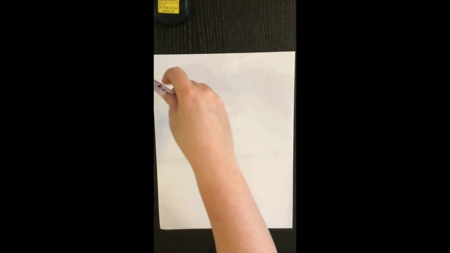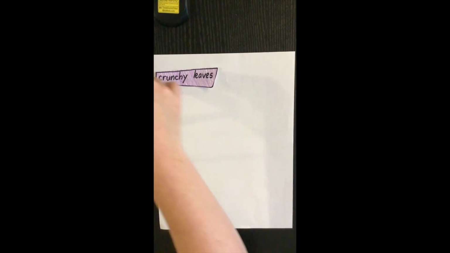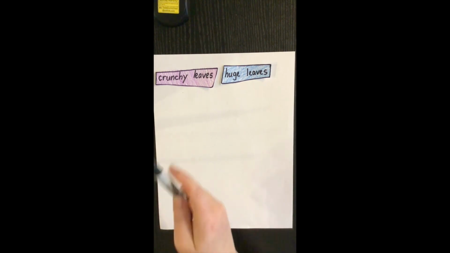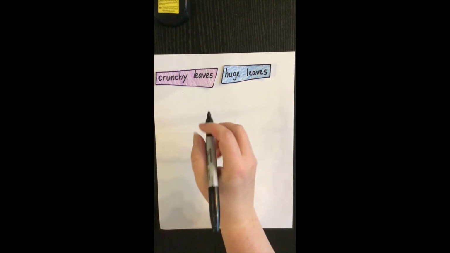So what I'm thinking is I have crunchy leaves, huge leaves, and then I think about when I look at the leaves outside, I don't know about you, but a lot of my trees around my house, when the wind blows, I see them just floating through the air. So they are falling all around.